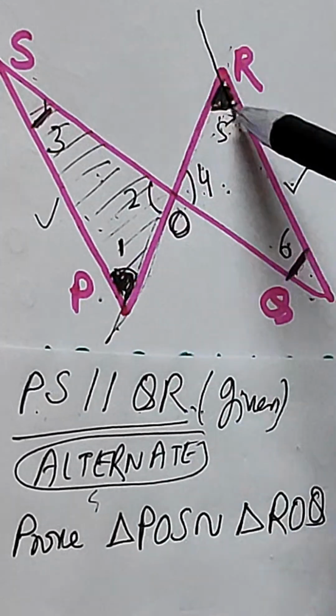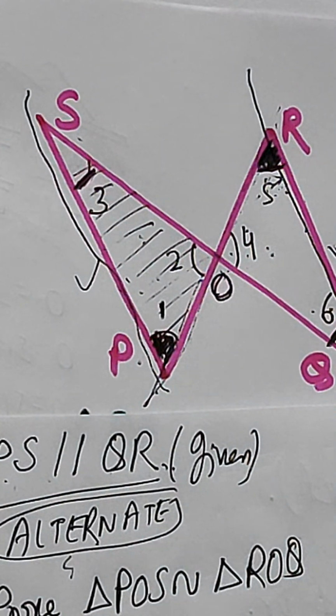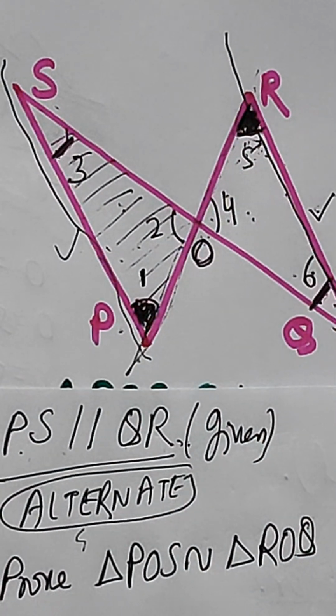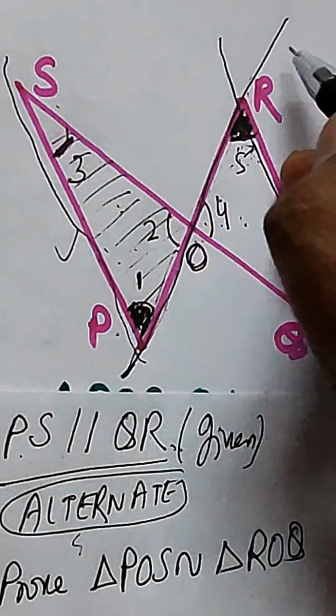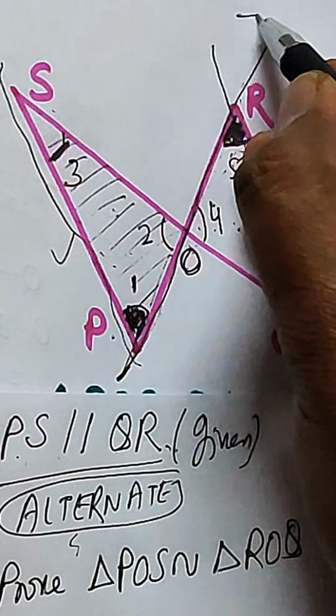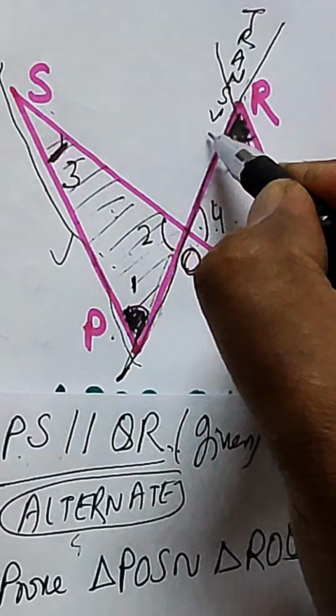Let's say this is a line and this is a line, which are parallel to each other. Then this PR is a transversal, isn't it?